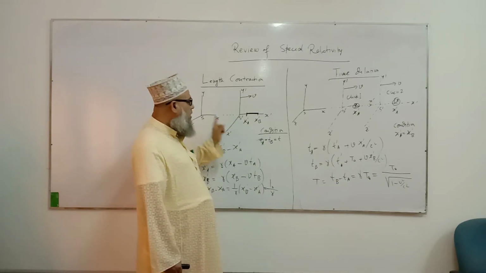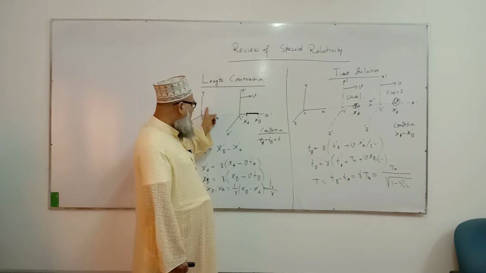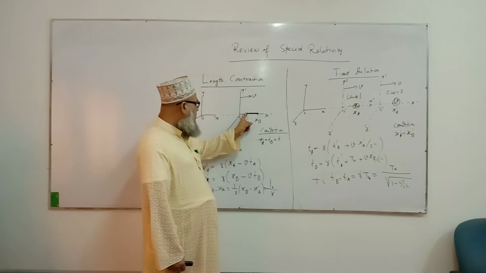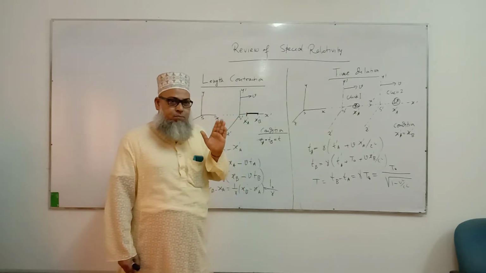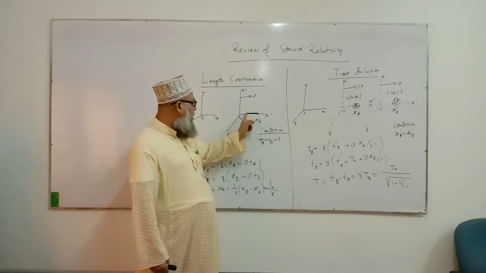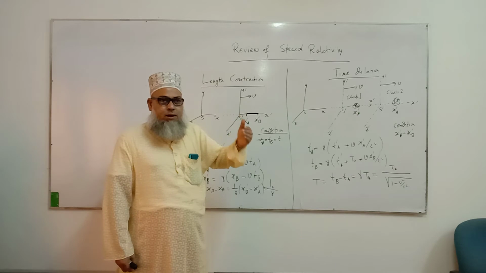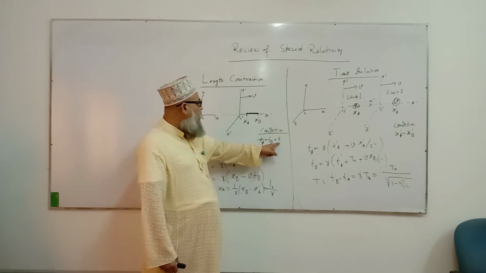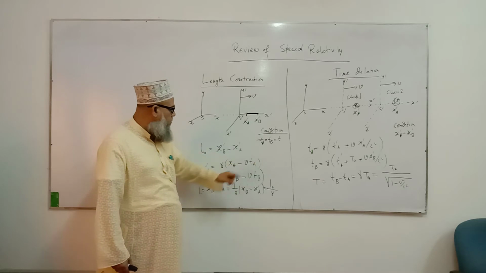Now the condition is that the observer in S will measure this point and this point at the same time. He cannot measure these two points in different times. He has to take these readings at the same time. So the condition is tA equals tB equals t.